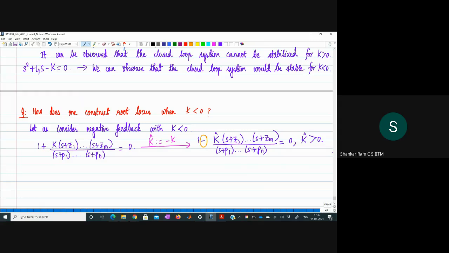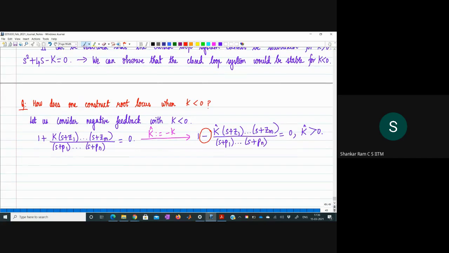So you can observe that although it is a negative feedback system, we have ended up with a pseudo positive feedback system. So we apply the set of steps that we learned today, by treating the system as a pseudo positive feedback system, but with a positive k hat. So we apply the steps that we learned today to plot the root locus when we have negative feedback with negative k.